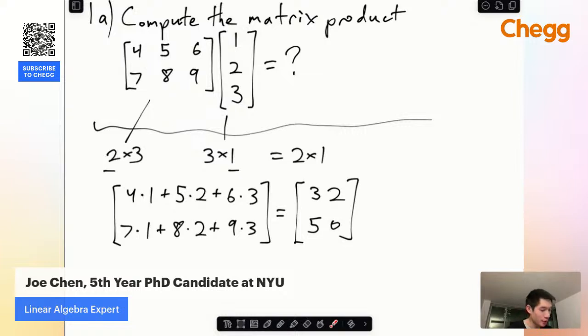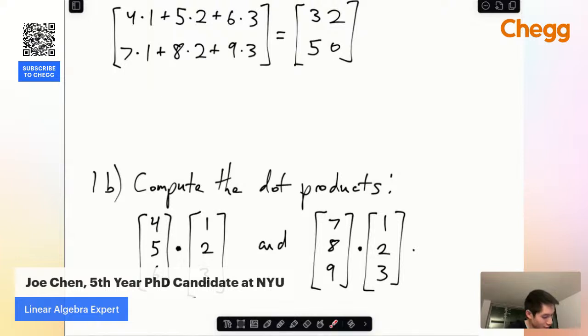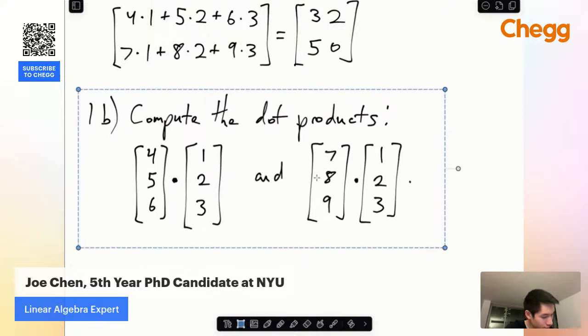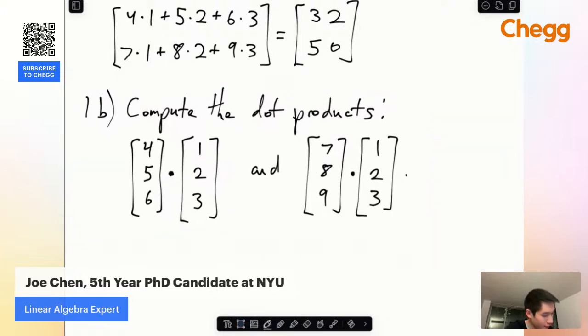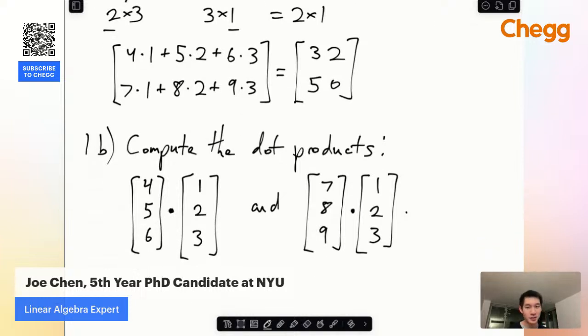Now I want to connect this to a topic that you've probably seen before taking linear algebra, and that's the matter of dot products. So here's a follow-up question. Let's compute these two dot products, and hopefully they look familiar.